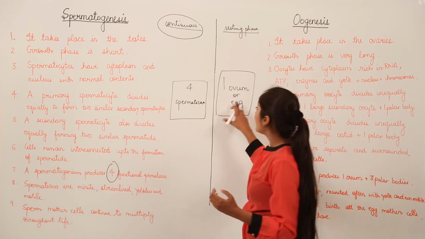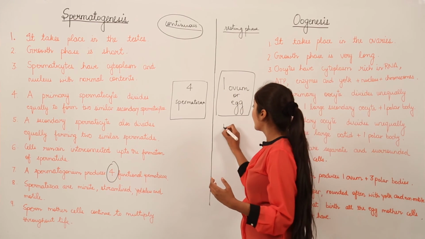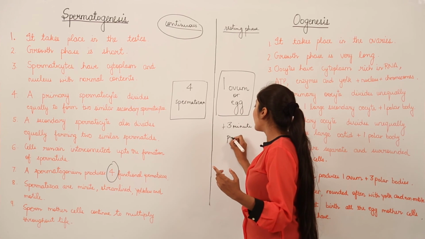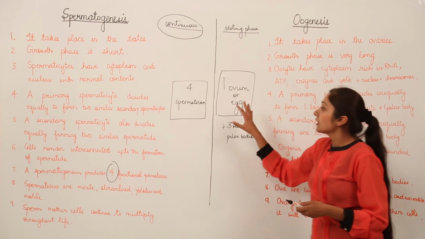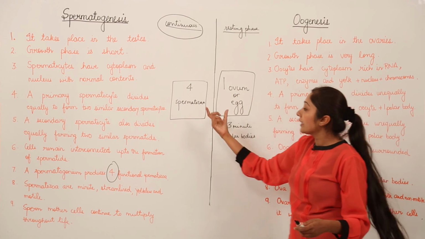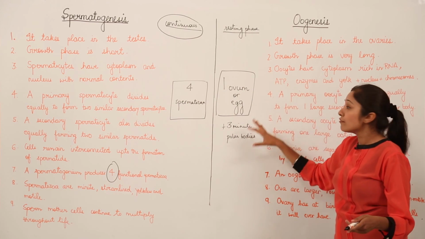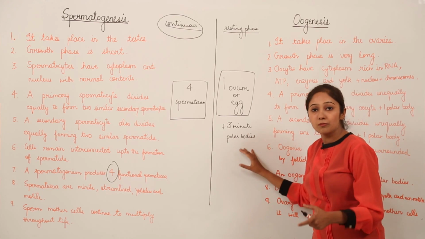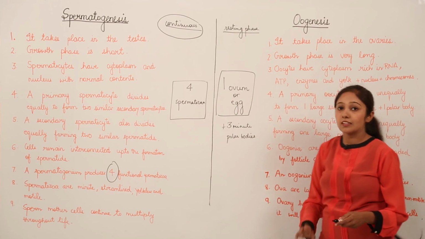In oogenesis we have only one ovum or egg plus 3 minute, very small polar bodies which are non-functional. So this is the end result of spermatogenesis and oogenesis. At the end we have 4 spermatozoa in spermatogenesis, but in oogenesis one ovum or egg with 3 minute non-functional polar bodies. I hope these points of difference between spermatogenesis and oogenesis are now very clear to you.